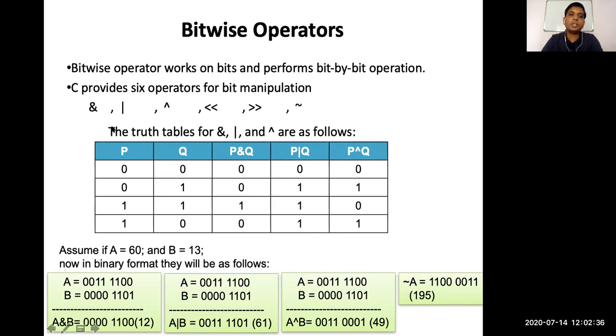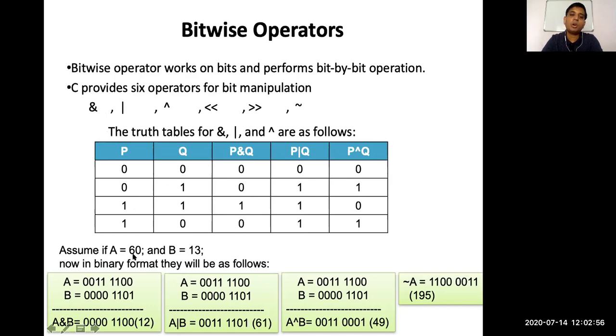Okay, now what is the first one? The AND operator. You know the truth table of AND: if both inputs are 1, the output is 1. Actually, a bitwise operator operates on the operands bit by bit.